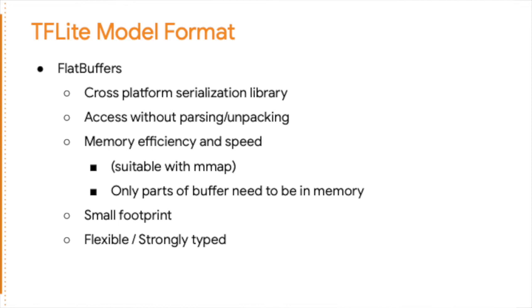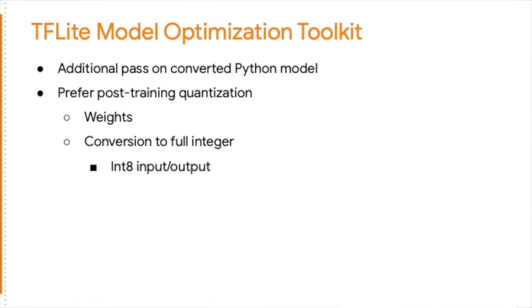So this was a nice surprise when we were diving into microcontrollers, which have very, very constrained memory resources. And it has strong typing, so there's lots of checking, and it has all of the things you'd expect from a modern serialization library.